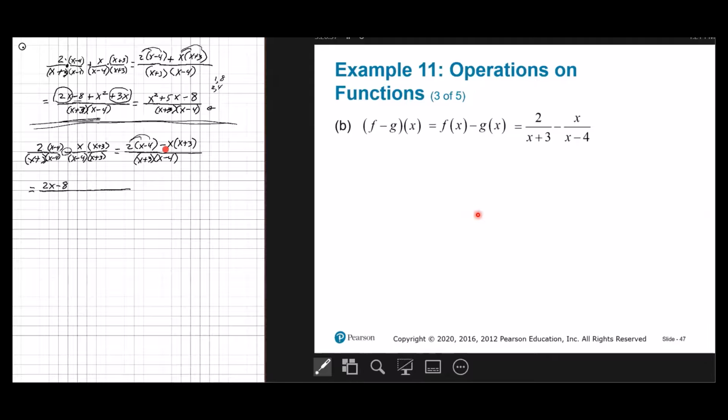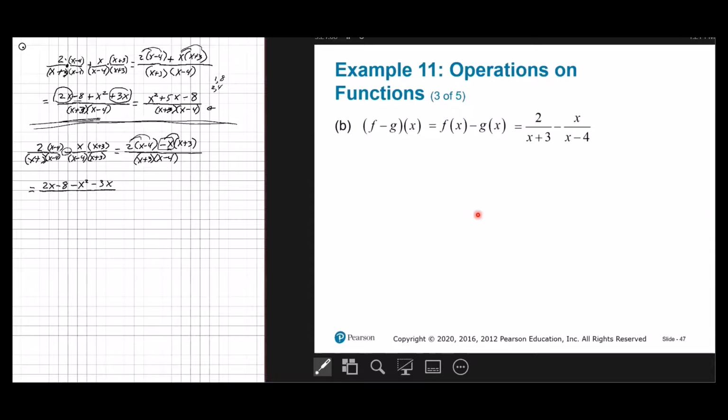But here, I'm not only going to multiply in by the x, I'm going to multiply in by the minus sign. So I'm multiplying in by a minus x. Minus x times x is a minus x squared. Okay. Up here, I was multiplying in by a positive x, so I got a positive x squared. Now I'm going to multiply minus x times plus 3, which gives me a minus 3x.